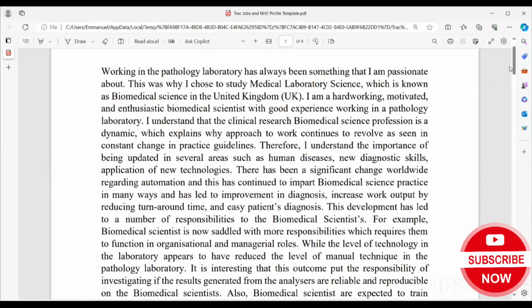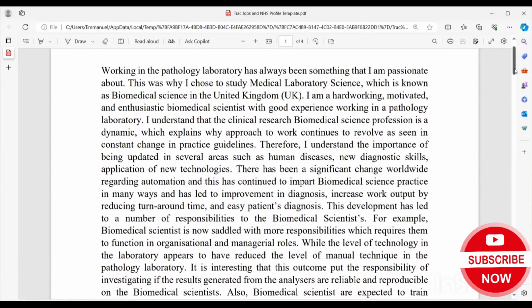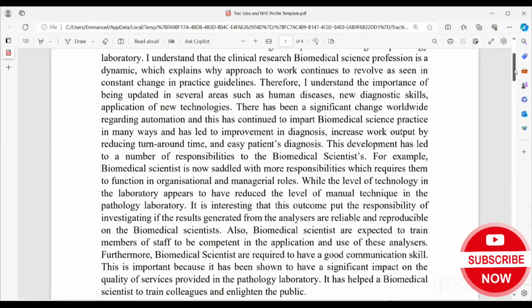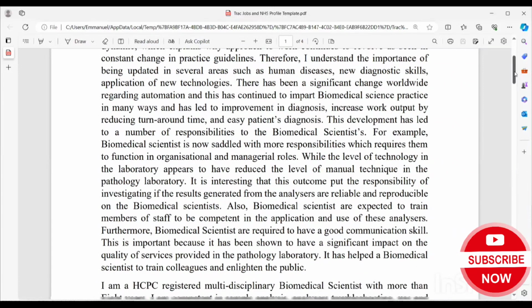Okay, now, because you are trying to tell a story, and you are being given a word count to do this, by the time you say that, you can say something like, there's a place I was mentioning the dynamics of this very profession, and then you can give an example that, for example, a biomedical scientist is now saddled with more responsibility, which requires them to function in organizational and managerial roles.